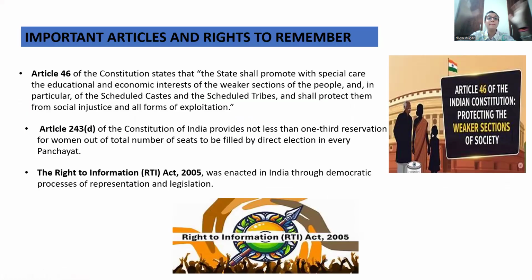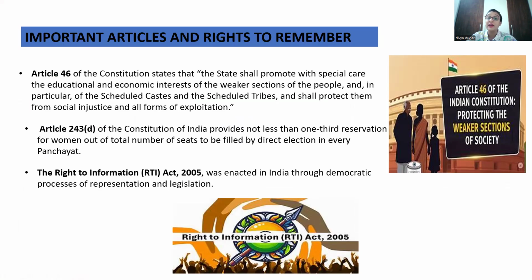Now, students, some important articles which you have to remember in this chapter. One article is Article 46. It states that the state should promote with special care the education and economic interest of the weaker section of the people, and in particular the scheduled castes and the scheduled tribes, and shall protect them from social injustice and all forms of exploitation.